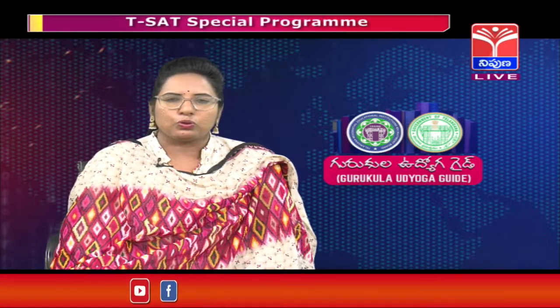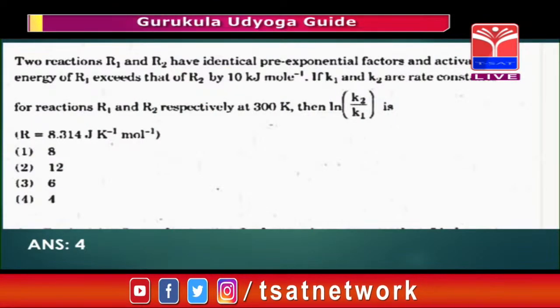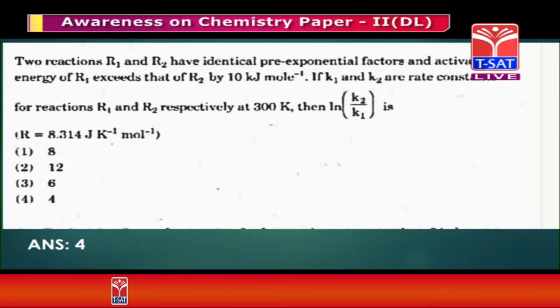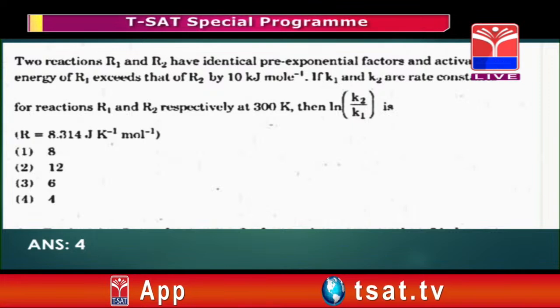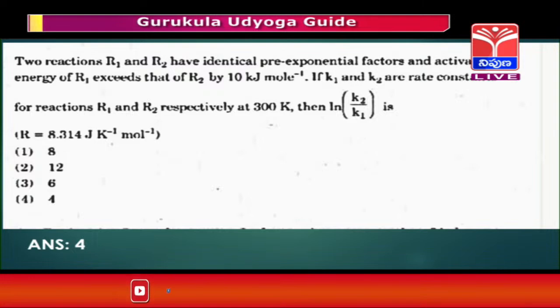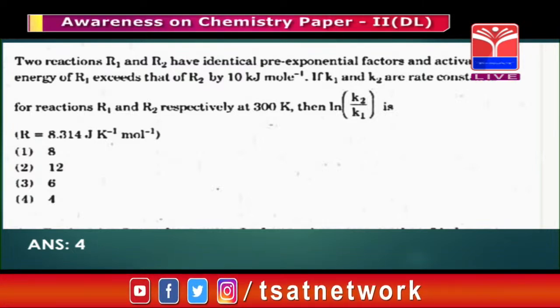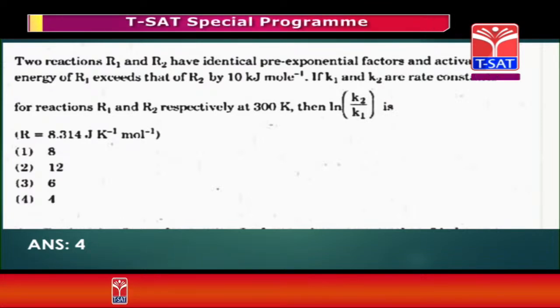Now let us move to one question. See this: here K1 and K2 rate constants are given, with identical pre-exponential factor. The relationship between rate constant and pre-exponential factor is K equals A into e power minus Ea by RT. By using that equation you can solve this kind of question.